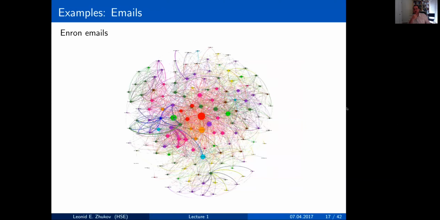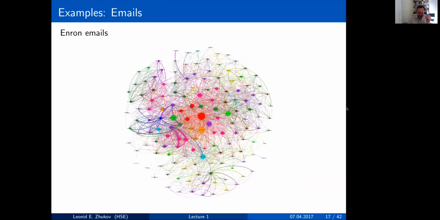Yet one more example of a network. This is a social network of emails. When Enron, the energy trading company, collapsed many years ago, because of a federal investigation, the emails were used in court and released to researchers, who got access to this huge body of corporate email communications, and so they were able to map out communications between top officers within the company, right?